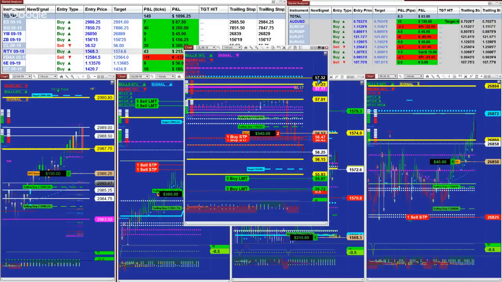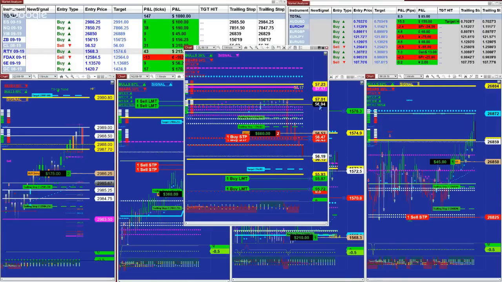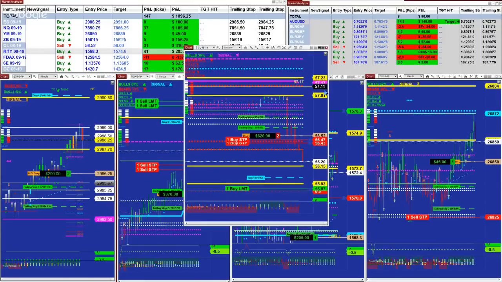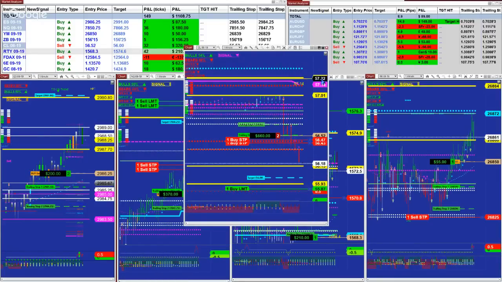This is it, guys. We gave you the peak. We told you where to exit, and it is finished. Now, the only thing we have working is the CL. The CL final destination is going to be somewhere around 56, followed by 55.